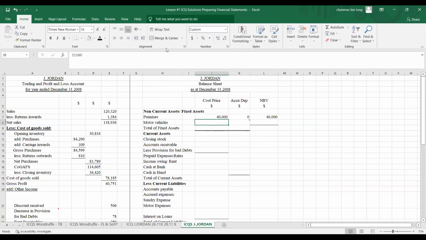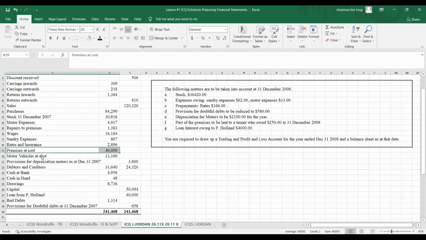Motor vehicle at cost is $11,160. We see that over here. Motor vehicle at cost. But then they went on to say that depreciation for motor vehicles is $38.60. And from the slides of last week, which I hope you all were able to review, we said that when we are accounting for any provision for depreciation, we have to take into consideration what would have been placed in our profit and loss account and what is in our additional information.